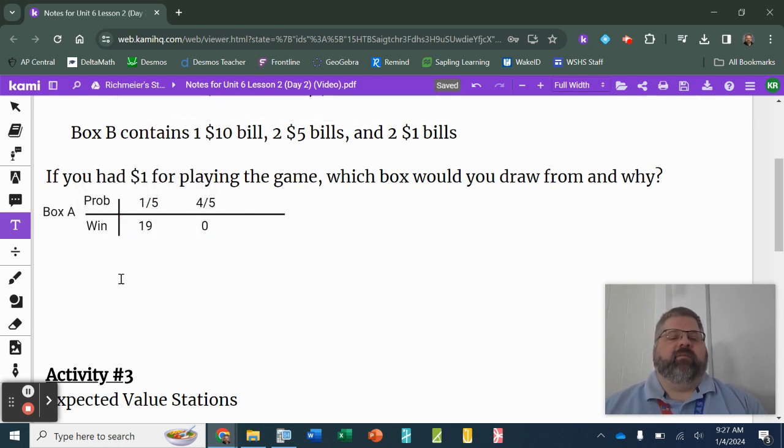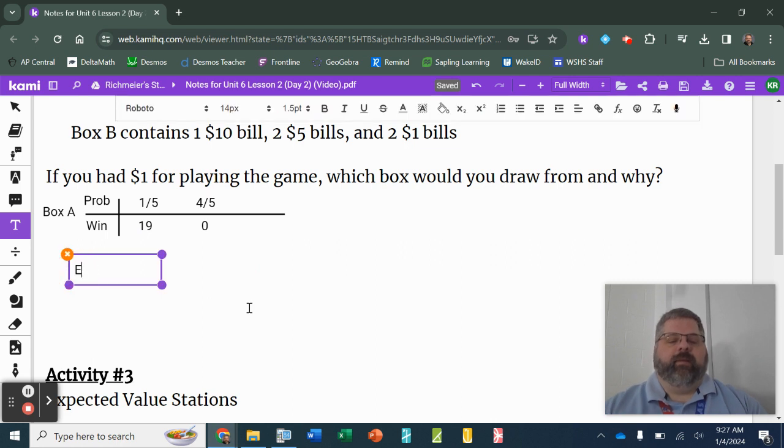So the expected value of box A is equal to 1/5 times 19 plus 4/5 times 0.